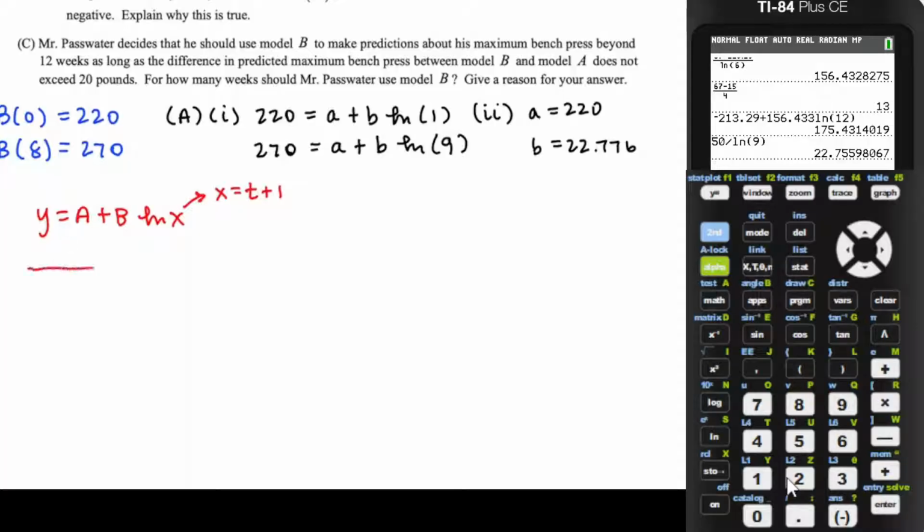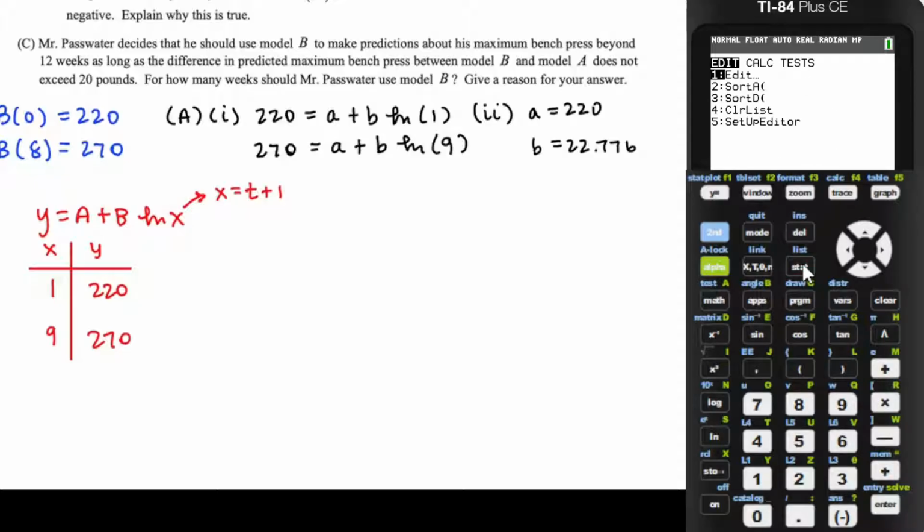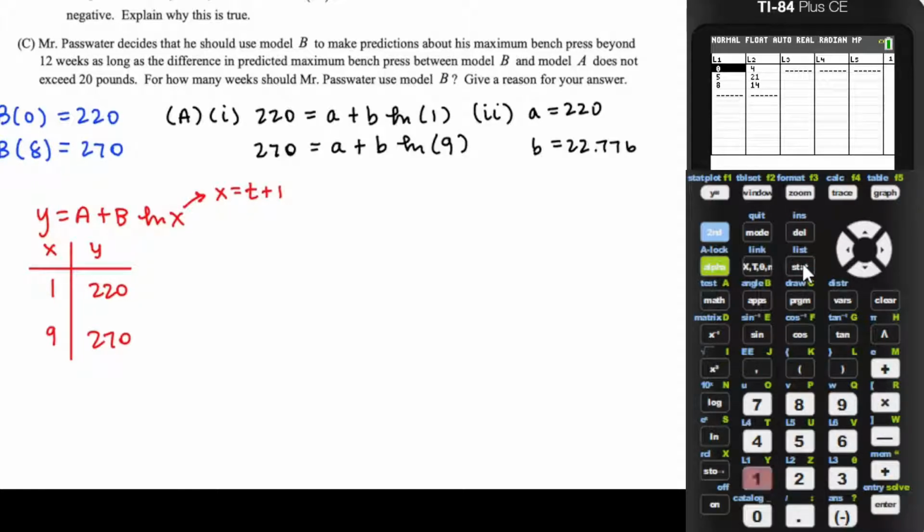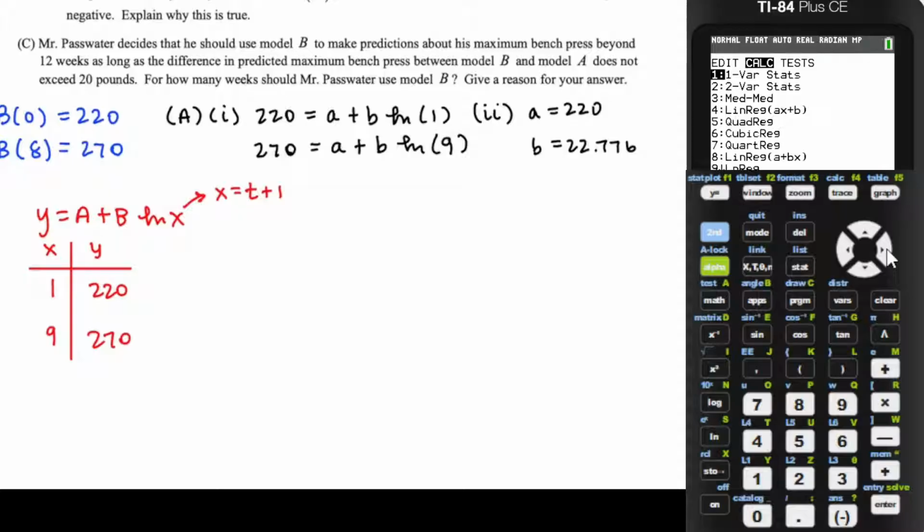In my table, x equals t plus 1, and y equals B of t, so 220 and 270. I go to the calculator, edit the lists, enter 1 and 9 for x, 220 and 270 for y, then stat, calculate a natural log regression, which is option 9.